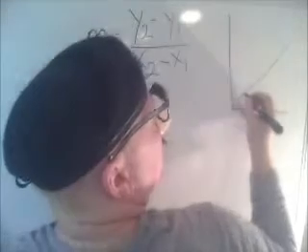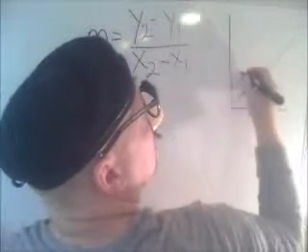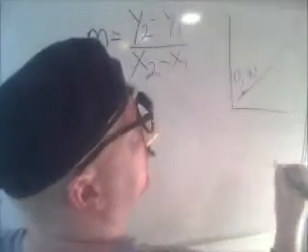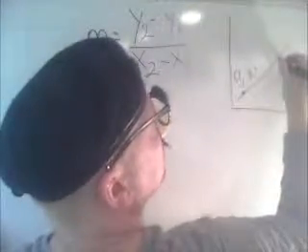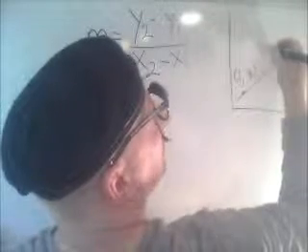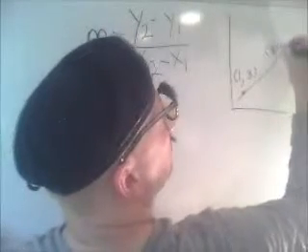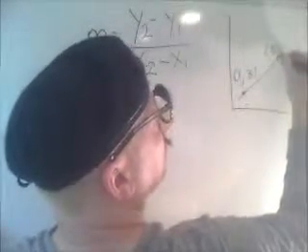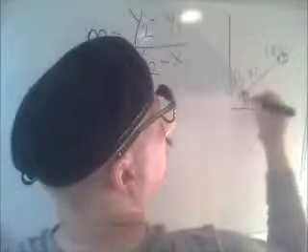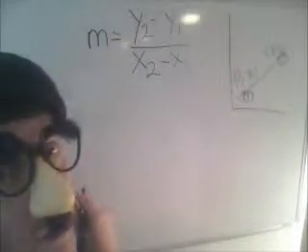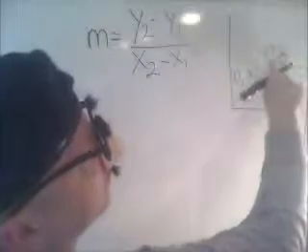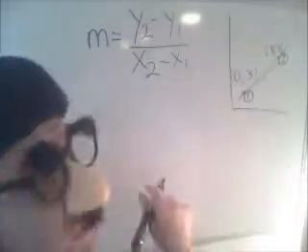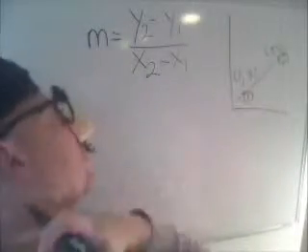Let's say this is 1, 3, and this point is 5, 7. Here's point 1, here's point 2. Point 2, its coordinates are 5, 7. We all know that the first coordinate is the x-coordinate and the second coordinate is the y-coordinate.